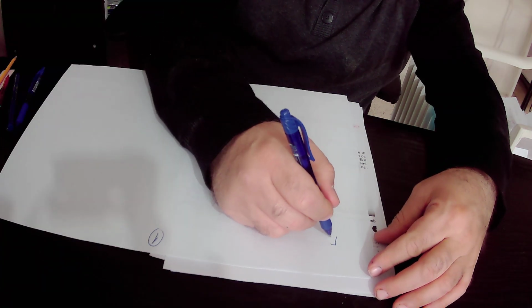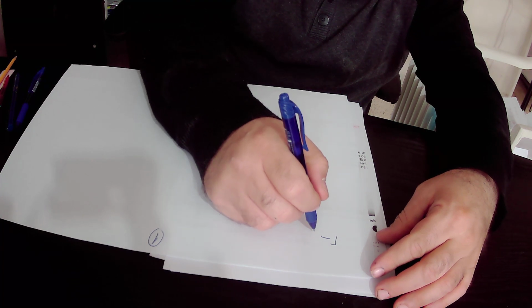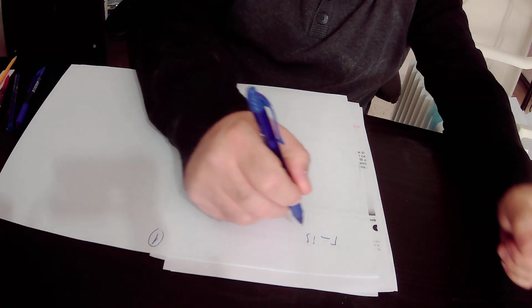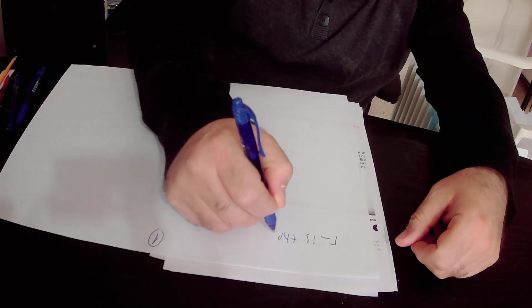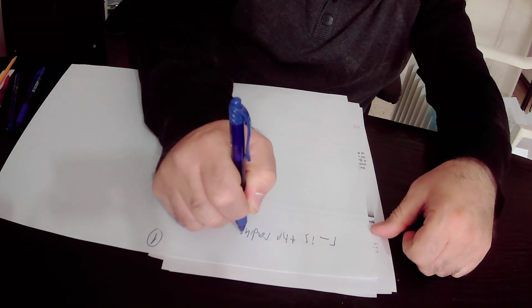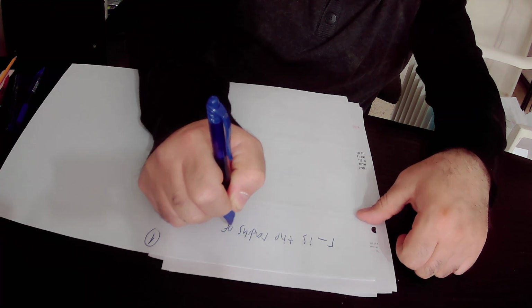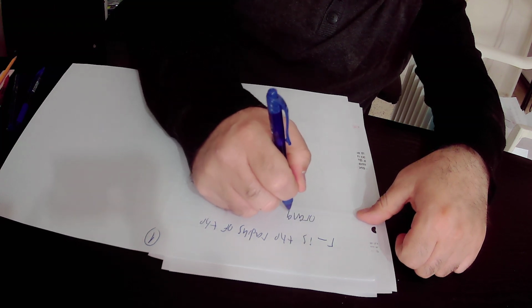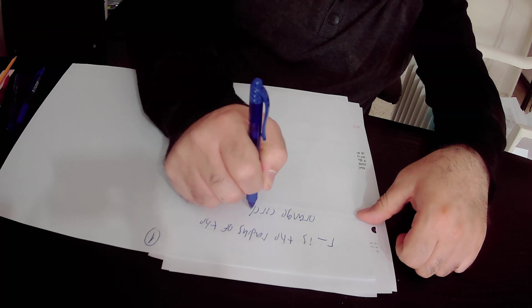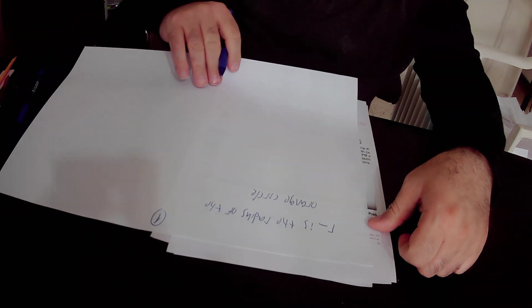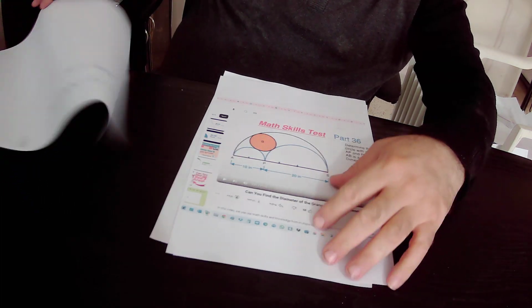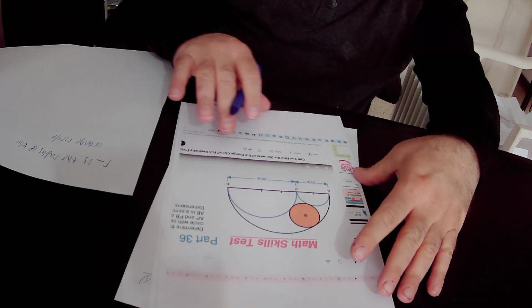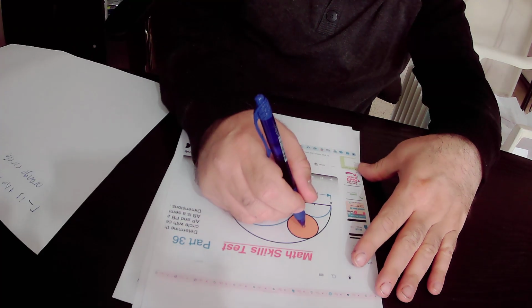The radius of the orange circle is defined as R. And the center of the orange circle is defined as point C, so I'll write it down.